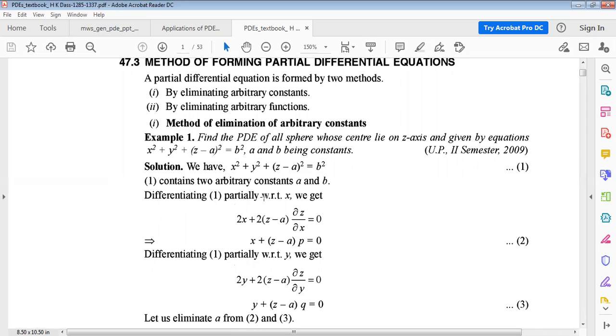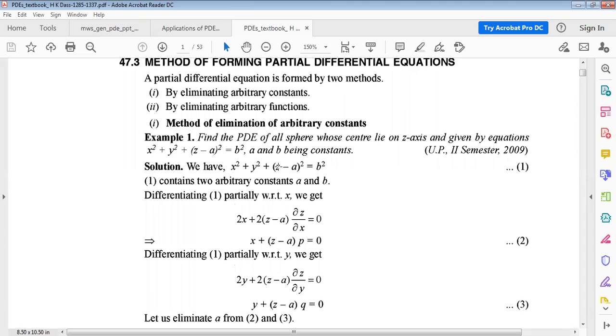Okay, so differentiating one with respect to x, we take partial differentiation. If we take partial differentiation with respect to x, then y and z will be treated as constants. Remember it. Then this will be twice x, y will be 0, and the term gives 2x.